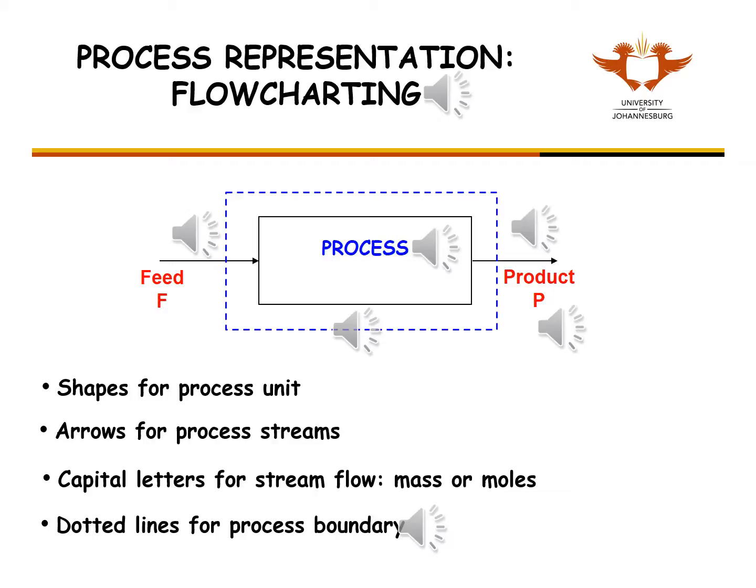See how stream F crosses the dotted boundary line, allowing reagents to feed into the process, as indicated by the arrow. You can also see that stream P crosses the boundary, allowing products to flow out of the process.